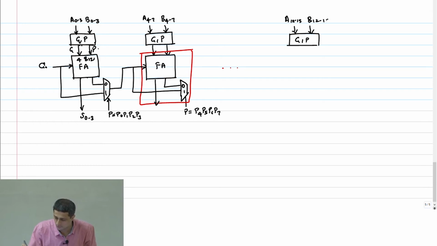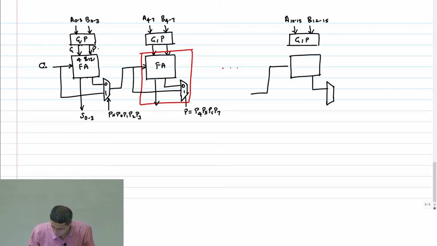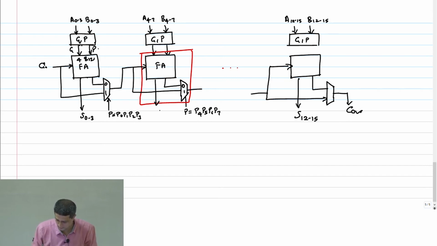B 12 to 15. Okay, again I have a full adder. C in, bypass, C out. And this is S 12 to 15. Okay, this is S 4 to 7.